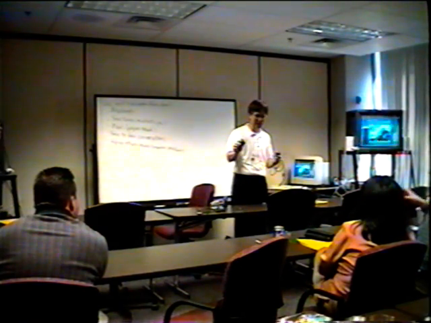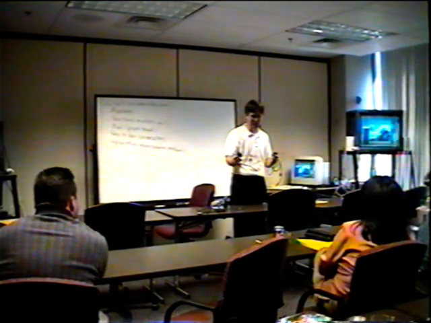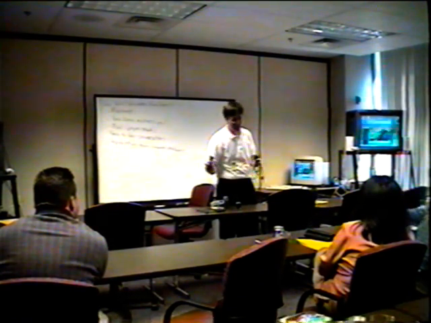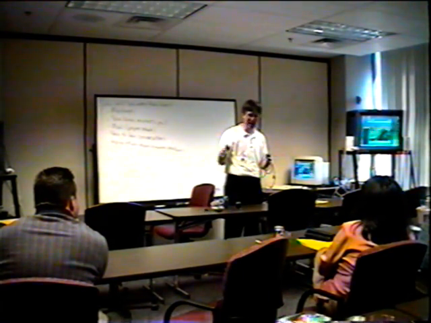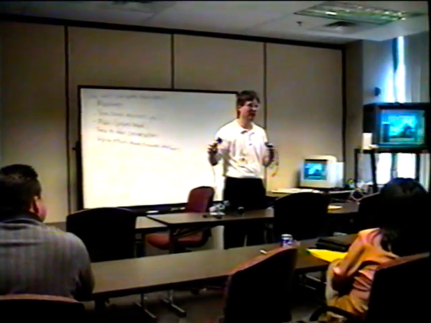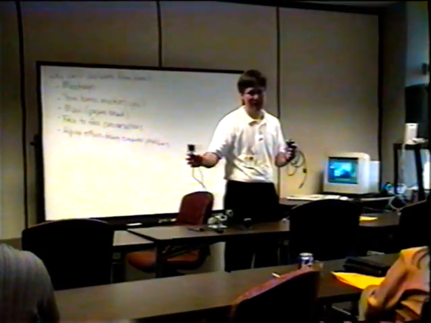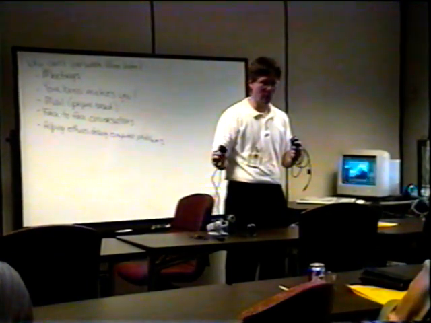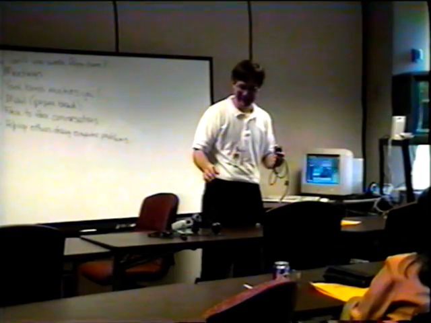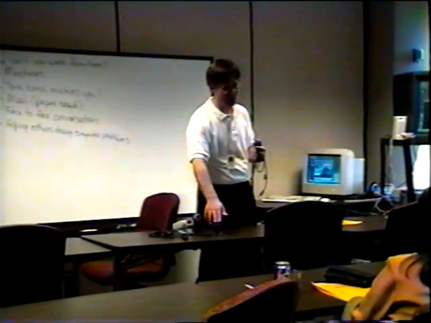But this also does the same conversion to digital and capture, and it sends it through the parallel port. The reason you would not want to use this is because this is the slowest of all cameras and the least quality of all the cameras, but it's the cheapest. So this is the low end.